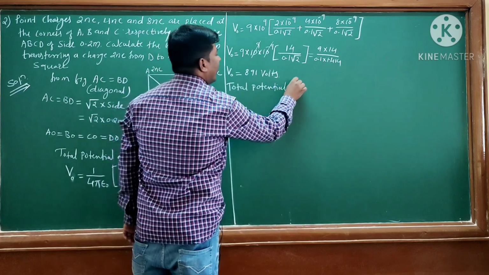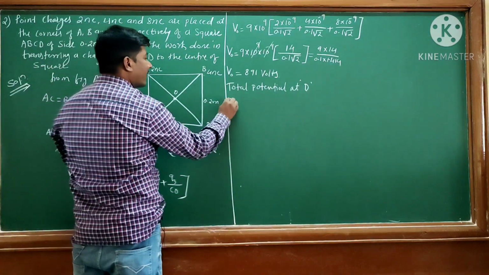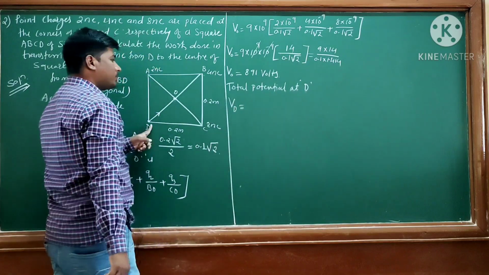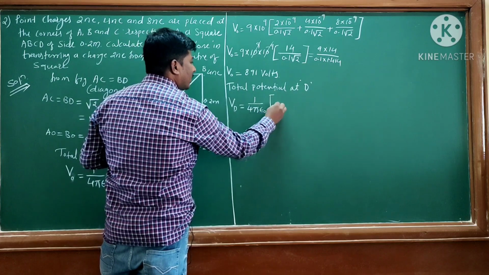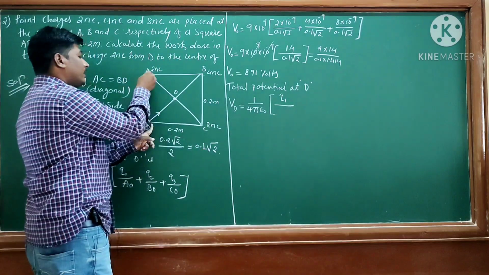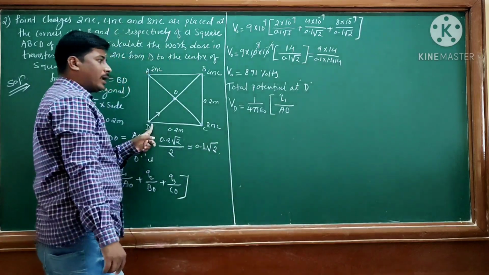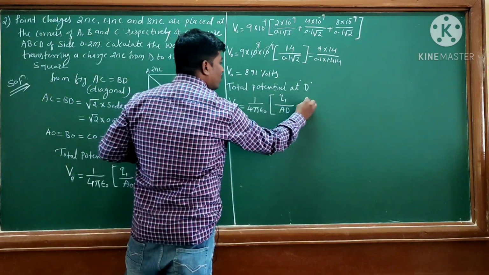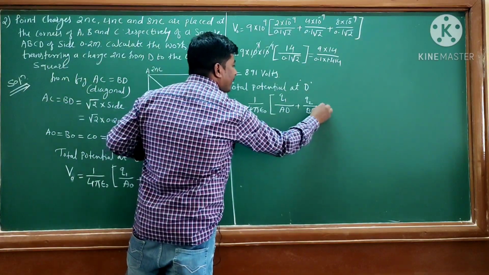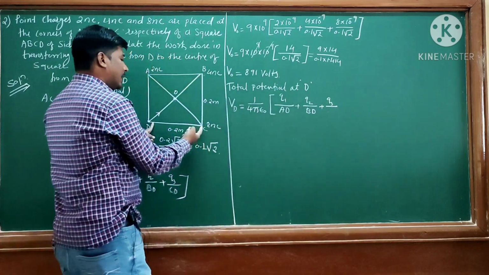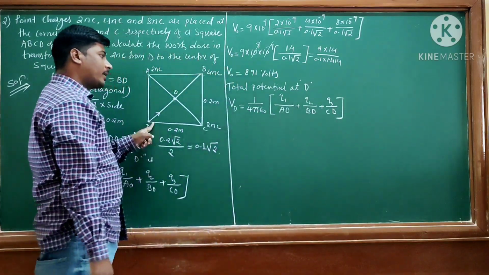Similarly, we will find the total potential at D. We will write it as VD, which is equal to 1 by 4 pi epsilon naught, Q1 divided by this distance, which is AD, plus Q2 divided by this distance, BD, plus Q3 divided by this distance, CD.